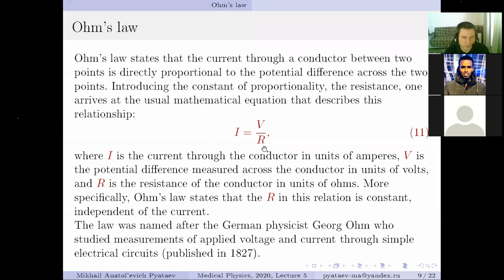The coefficient of proportionality, which is in the denominator in equation 11, is called resistance and is measured in ohms.